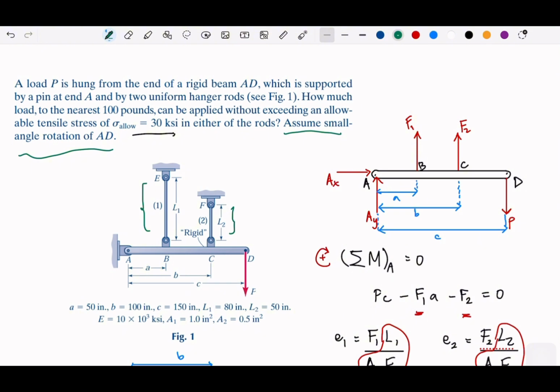So we have a small angle here, which means that this small angle could make a sharp triangle. It's not bent like this. If the angle is way too big, or maybe the load has a really high number, maybe it will be deflected like that.